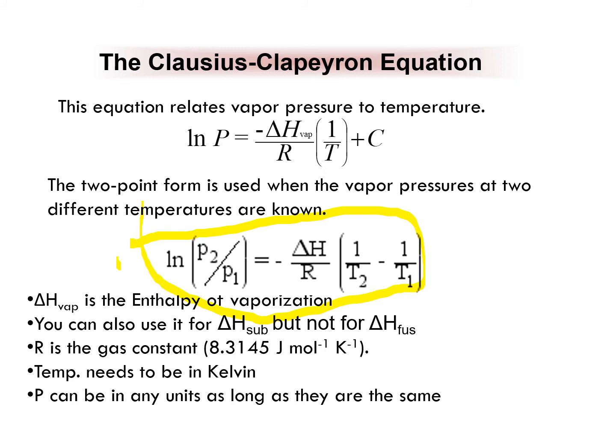The R value that you need to use is 8.3145 joules per mole Kelvin. This equation can also be used for sublimation, the transition from solid to vapor, but cannot be used for fusion, the transformation from solid to liquid.